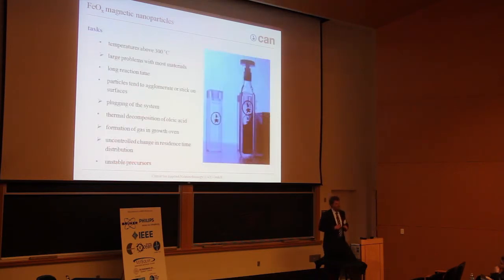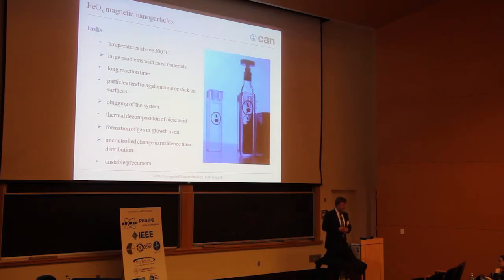For the iron oxide synthesis, you have to use really high temperatures because you need them for the crystallinity of the particle. So you're well above 300 degrees. If you are above 300 degrees, you definitely get problems with most of the materials, especially the sealing you need for your continuous flow reactor. Another thing which I personally hate most are the long reaction times, because long reaction times lead to very slow flow rates, and very slow flow rates usually lead to quite a broad residence time distribution in your system.